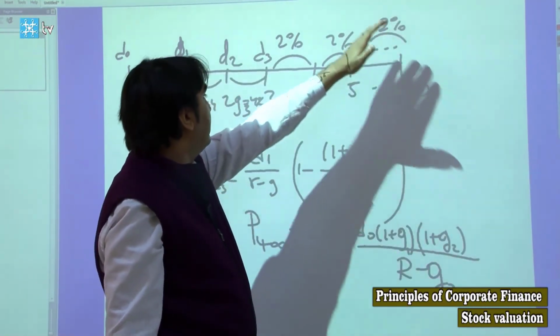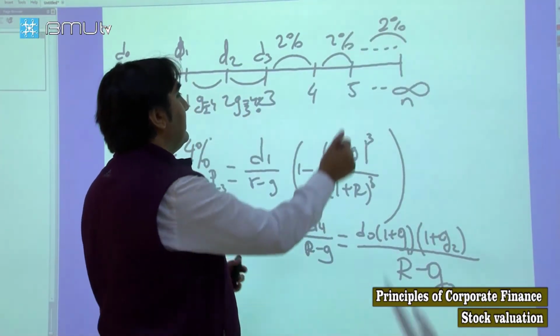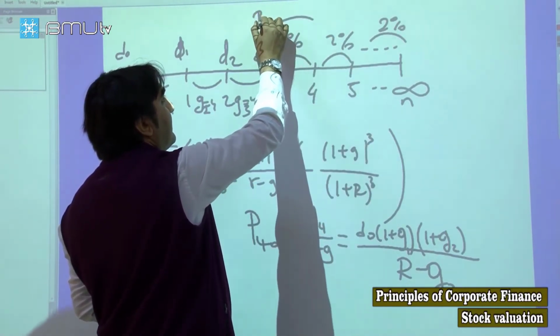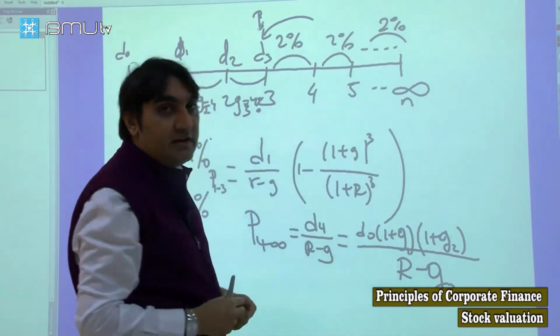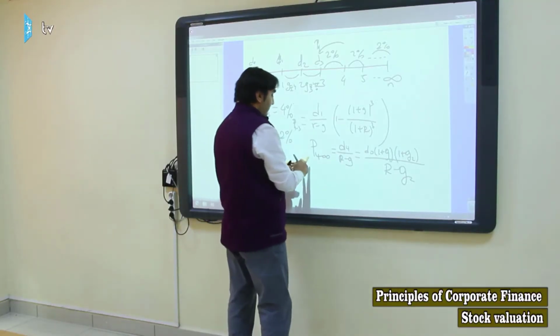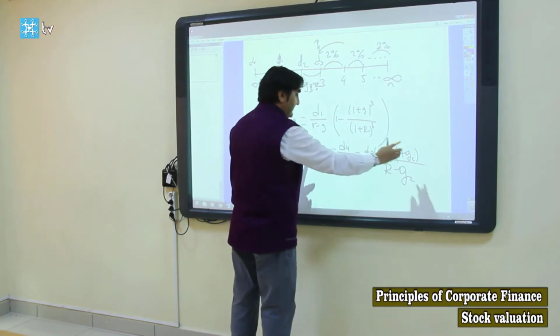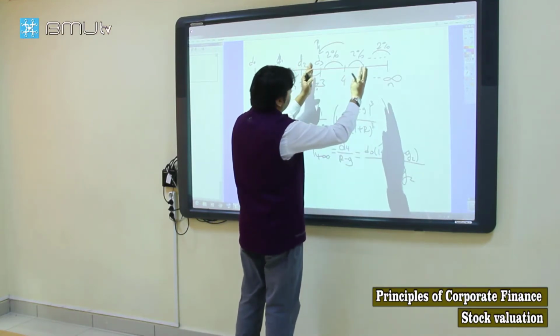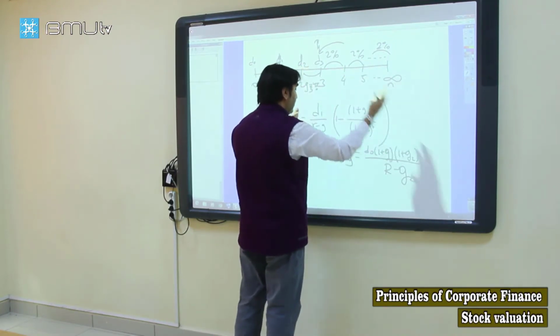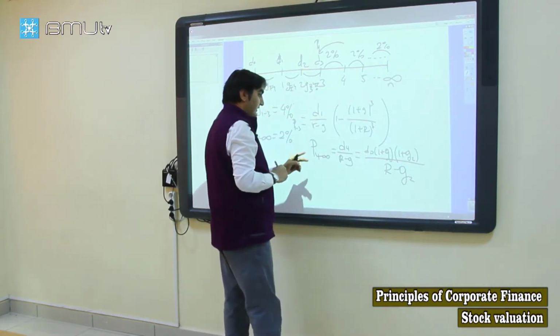So we found its present value. It comes to the third year because present value discounts back one period. So this becomes the present value of these dividends starting from the fourth year forever, at the third year.